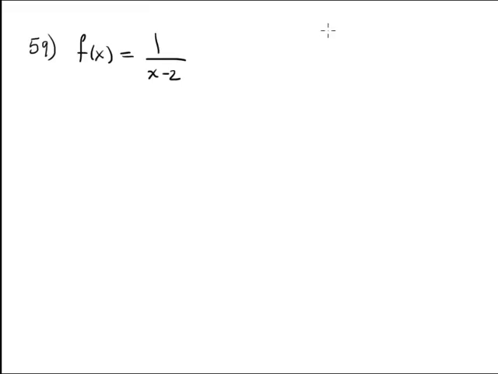Okay, 59 again is find the inverse. First, prove that it is a one-to-one function. To prove that, let's do the graph. It's obvious that this is the reciprocal function, but we have here a shift 2 units to the right.